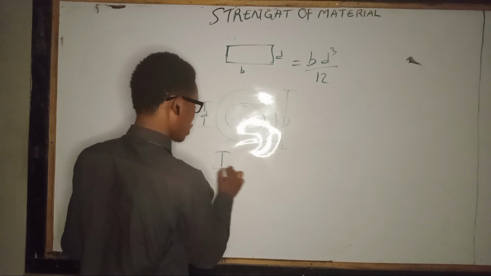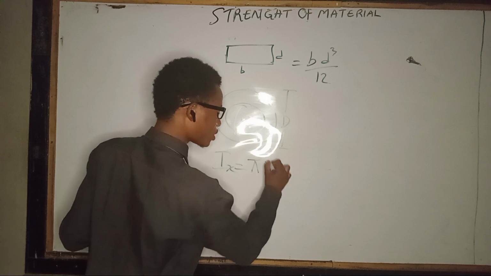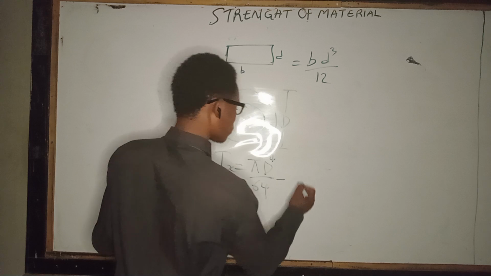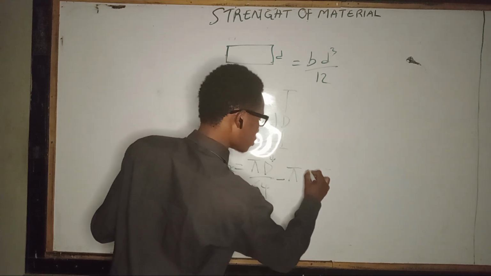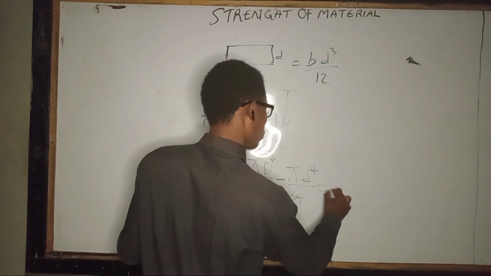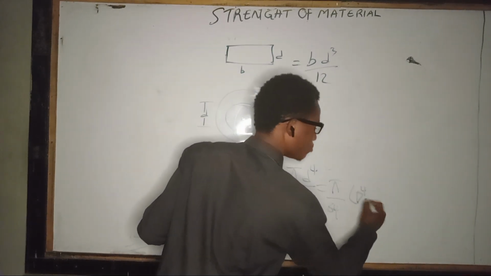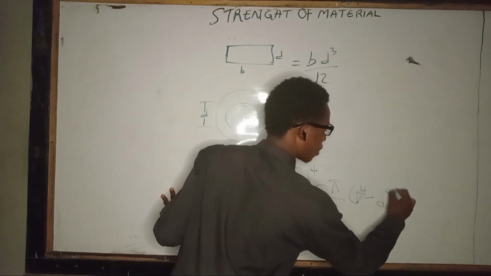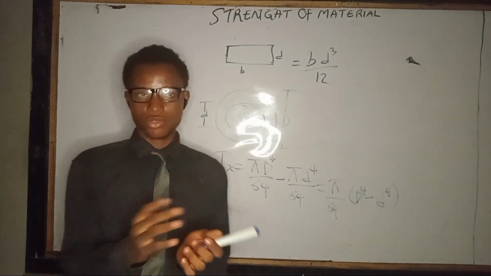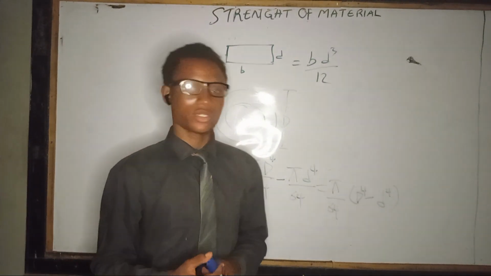The moment of inertia about the x-axis is equal to pi D raised to power 4 over 64 minus pi d raised to power 4 over 64, which is equal to pi over 64 open bracket D raised to power 4 minus small d raised to power 4. So now this here is the moment of inertia of a hollow object, and you can apply it to other objects, but most of the time it's mostly applied to circles and maybe rectangles.